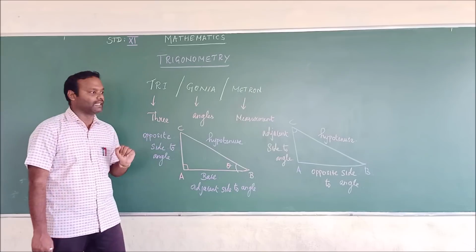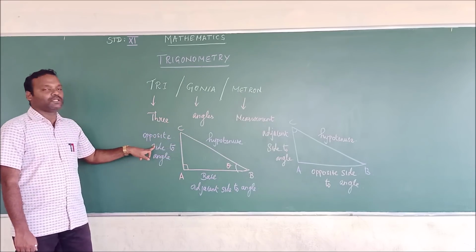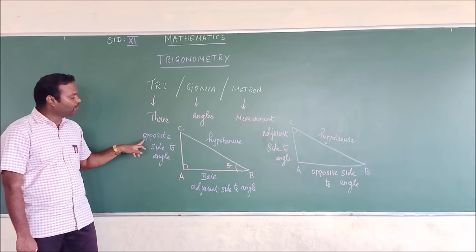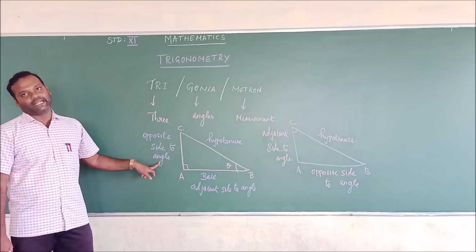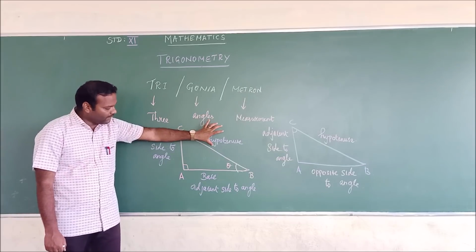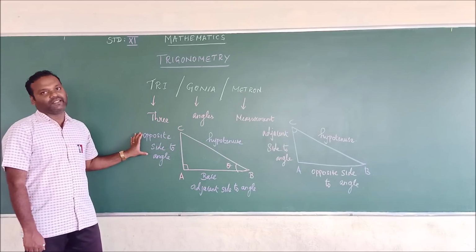First you have to fix the angle. Next, theta is here. Opposite to that you have the side, so we say this side is the opposite side to the angle. So for this triangle, this is the hypotenuse, this is the adjacent side, and this is the opposite side.